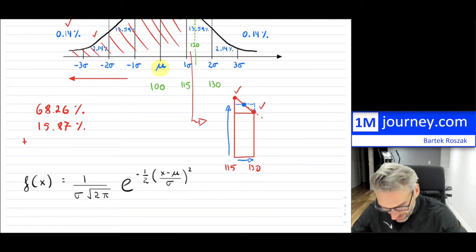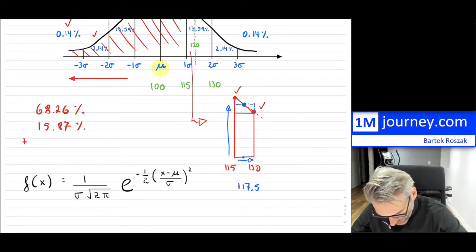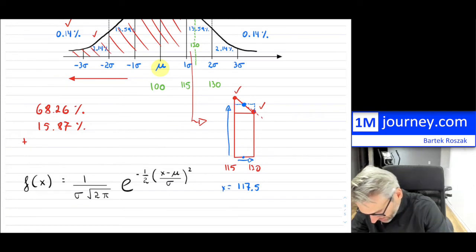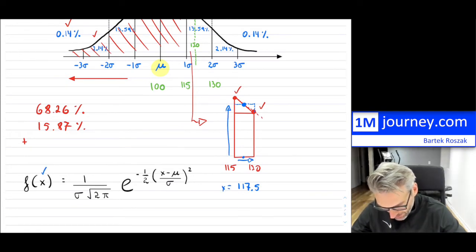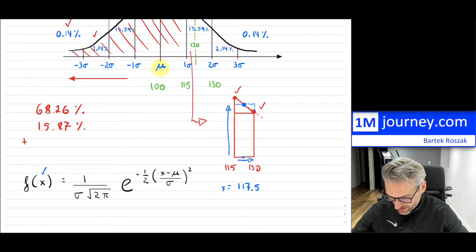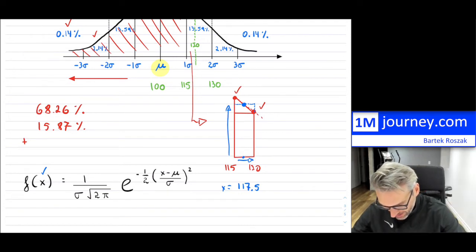So the midpoint here, I guess, would have been 117.5. That would have been our x value that we substitute here. Once I substitute that in, I'll get a value. So I'll know what the height here is, and I'll know what the base here is.